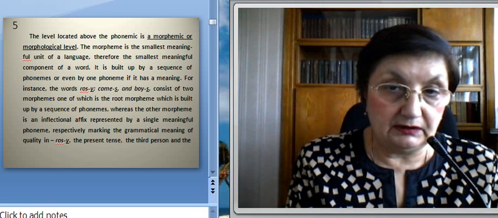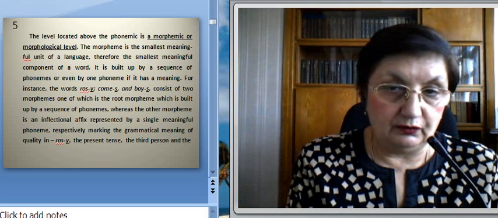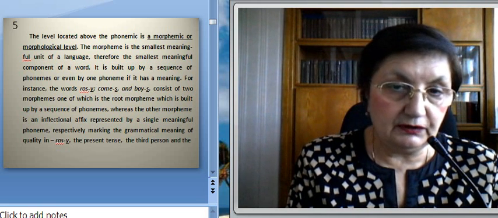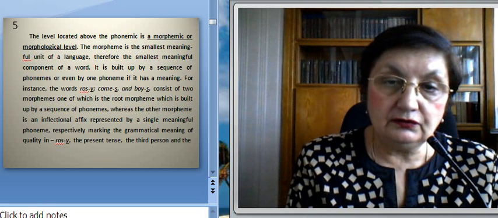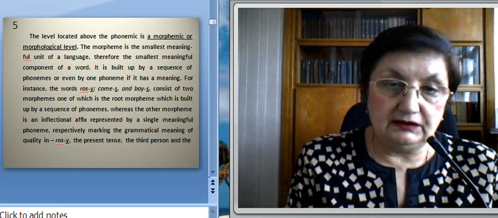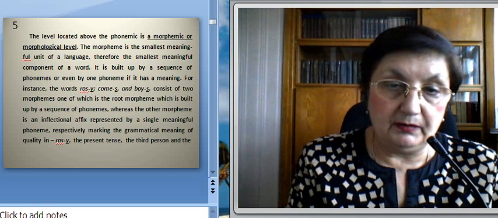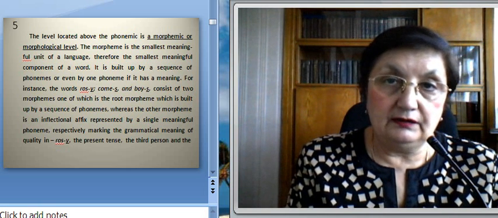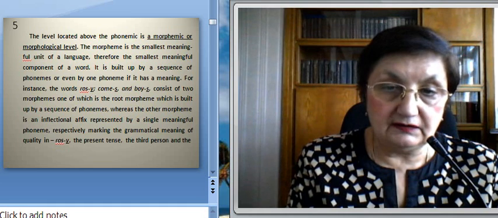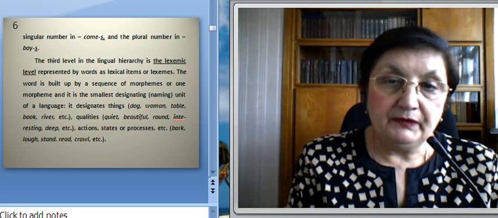For instance, the words rosy, comes, and boys consist of two morphemes, one of which is the root morpheme, which is built up by a sequence of phonemes, whereas the other morpheme is an inflectional affix represented by a single meaningful phoneme, respectively marking the grammatical meaning of quality in the word rosy, the present tense, the third person and singular number in the word comes, and the plural number in the word boys.